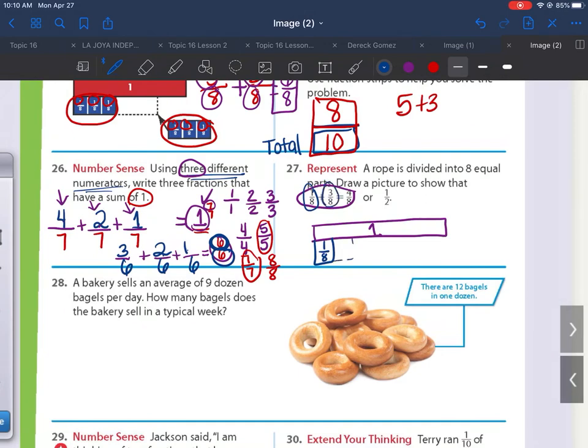Remember that they want me to add 3/8. So that would be 1, 2, 3. Now remember, since I'm adding, I do not have them there. I need to add them. So I'm going to do my little arrow. And I'm going to add the 3 out of 8s.